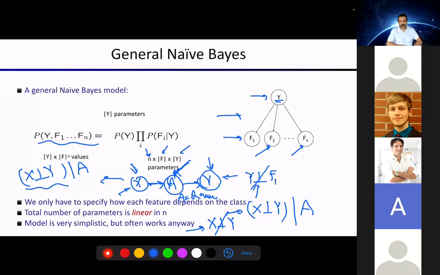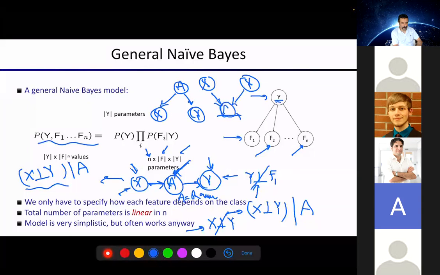If you look at the details of Bayes nets, we have a common cause structure where we have A, X, and Y. We have a V structure where we have X and Y, and then these are connected through A in this way. So we have different sorts of structures, and based on each of them, we can reason about the independence or the dependence between two variables, X and Y in this case, right?